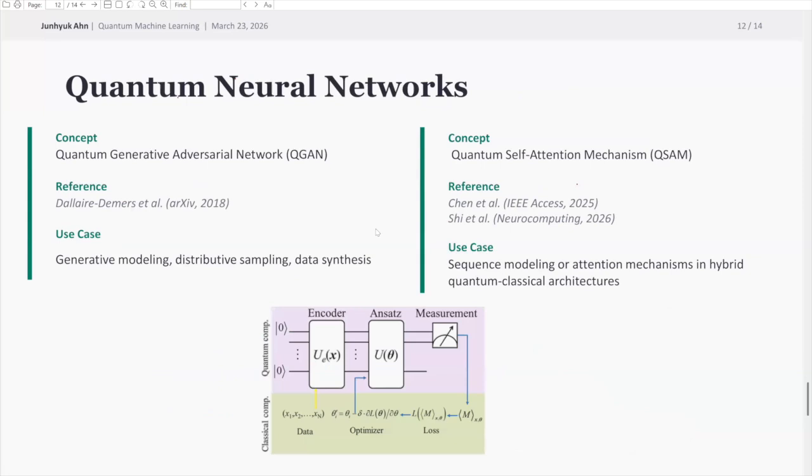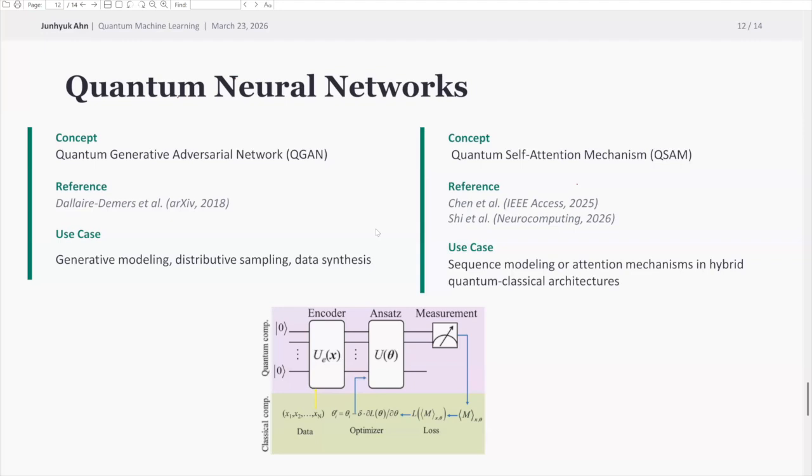There are other methods in quantum neural networks that are being researched too. For instance, if you're familiar with the artificial intelligence field, you will know that there is a method called generative adversarial networks, GAN. There is a quantum approach to using GAN, which we call QGAN. Since GAN is a generative model, the goal of QGAN is also to generate a distribution of quantum states.